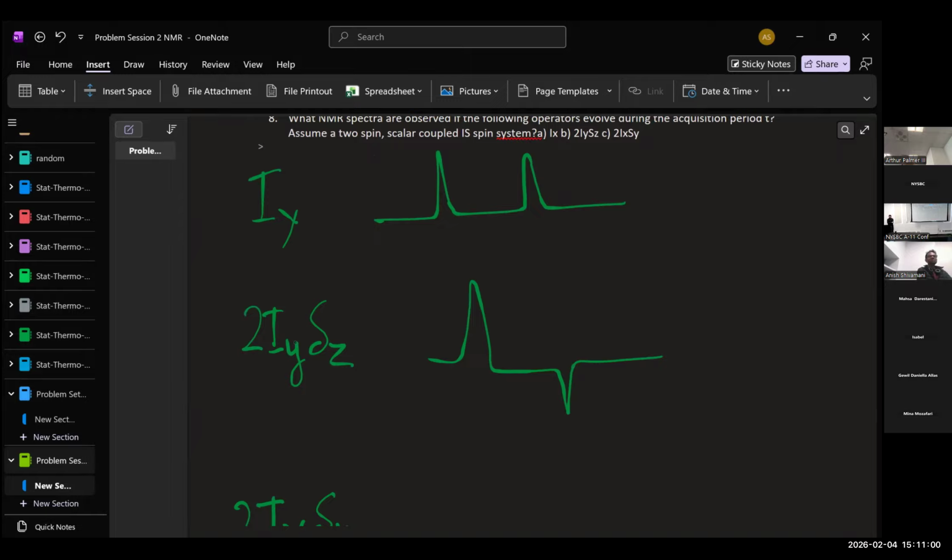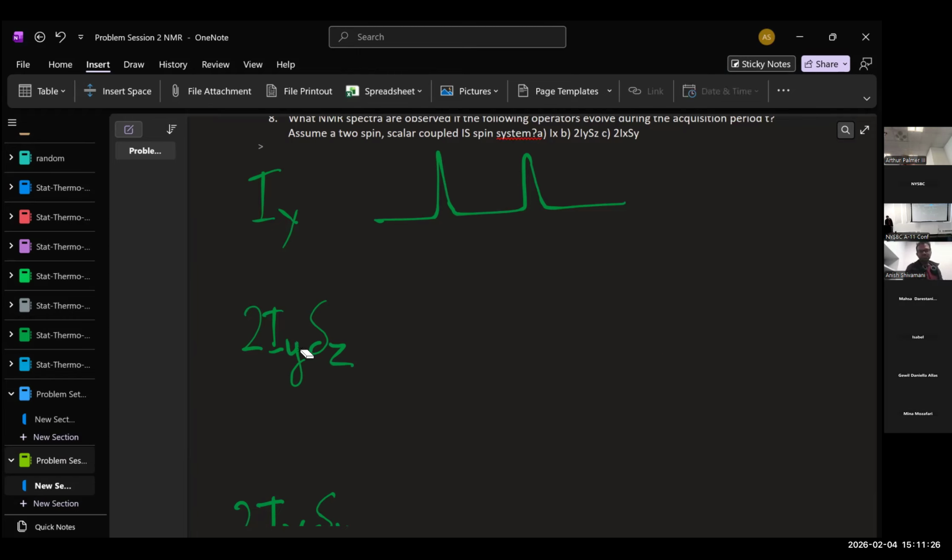Are we all in agreement that this is what I get? No contradiction from anybody? So where do you apply the pulse? The same place I apply along X? The pulse is inconsequential. I just have this operator at the start of acquisition. I arrived at it through some set of processes. It should be dispersive, is that what you're saying?